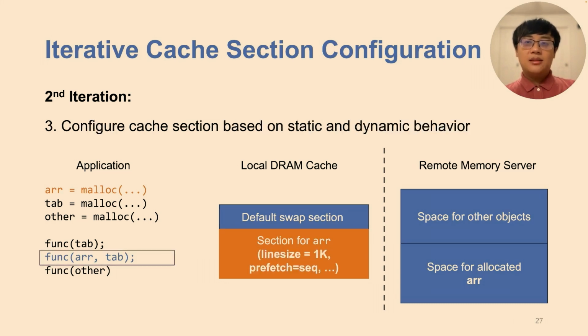By looking at its source code, analyzing its access patterns, as well as considering its runtime behavior, including size and access frequencies, Mira selects a set of optimal cache configurations for it. For this sequentially accessed array, it uses a large line size plus a sequential-based prefetch. This optimizes performance. After finishing the configuration, Mira generates the program and runs with the new configuration.